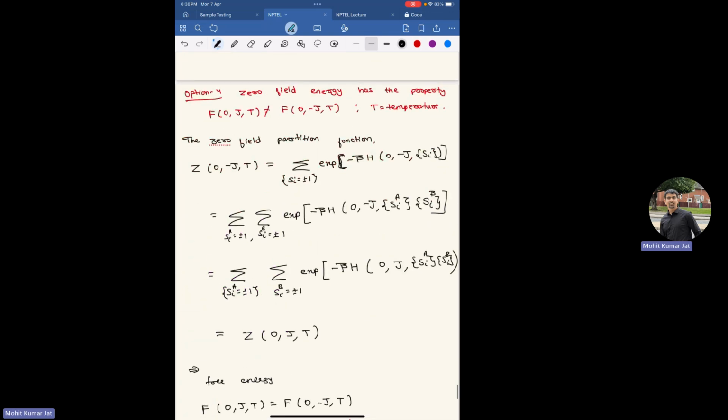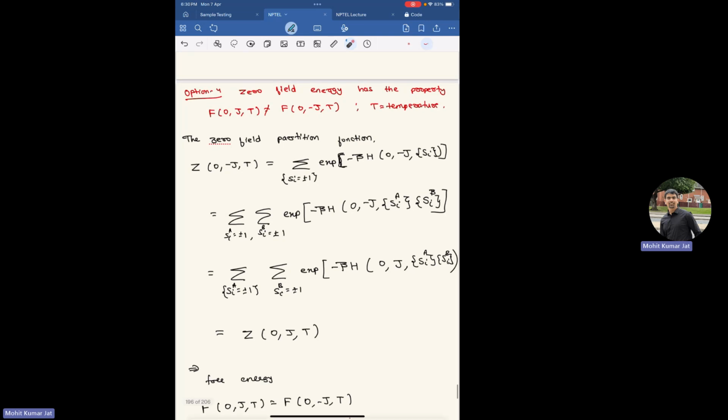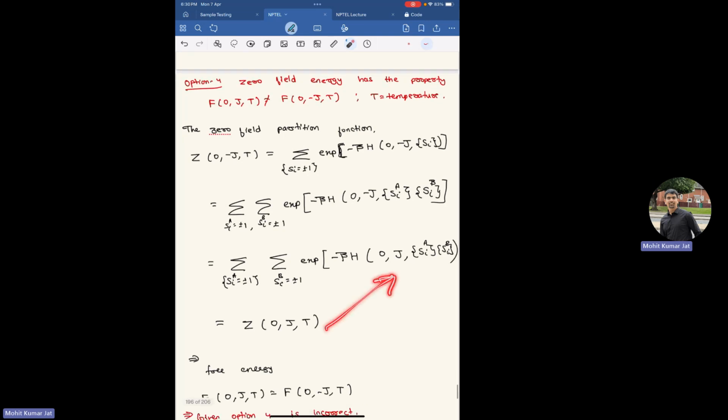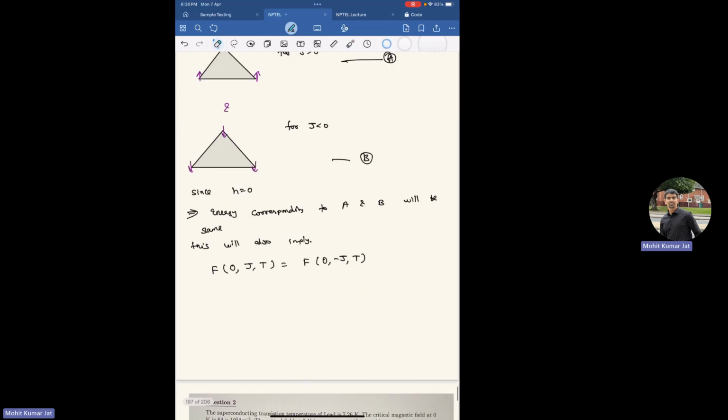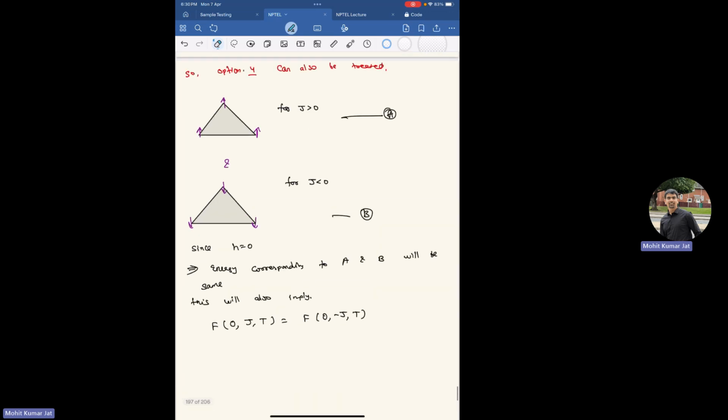So first we proved it with this method of writing the partition functions for both j greater than 0 and j less than 0. The other way, the intuitive thing, you can do like this. You can draw the diagram and flip the spin for j greater than 0 or j less than 0. This will also give you the answer for this problem. So with the two methods, we have seen how to approach and solve this problem.